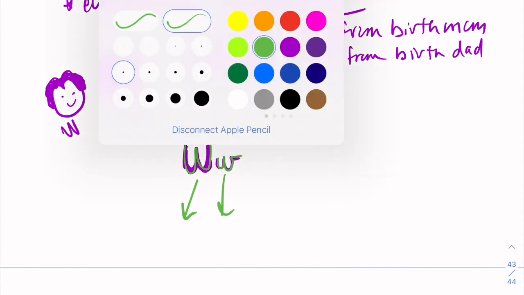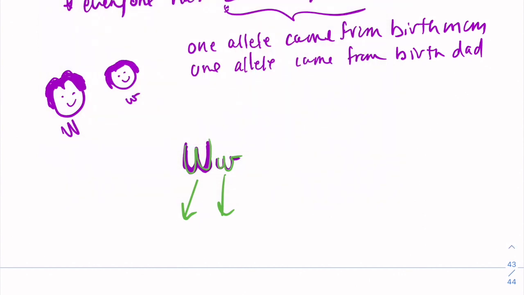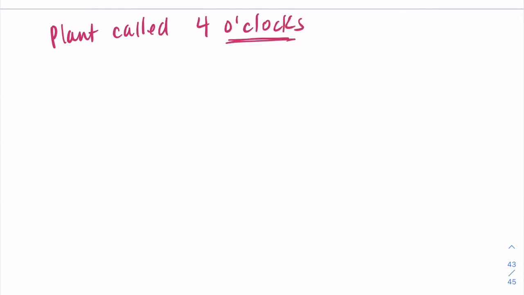All right. Let's look at another scenario. Let's leave humans for a little bit, shall we? Let's go back to plants for just a minute. There is a flowering plant called 4 o'clocks. I don't know why they're called 4 o'clocks. My best guess would be that the flowers on this particular plant open later in the day.